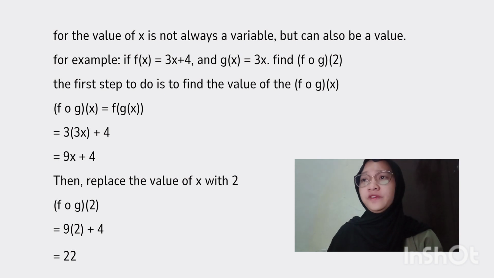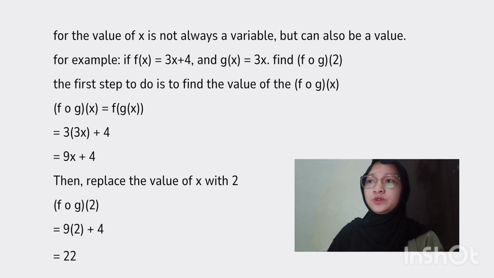The value of x is not always a variable, but can also be a value. For example, if f of x equals 3x plus 4 and g of x equals 3x, find f of g of 2.